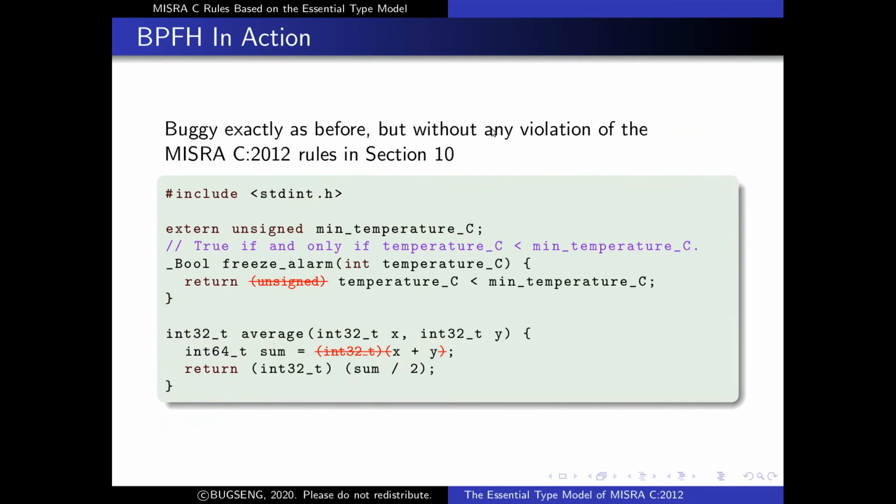So it obtains the objective of silencing all the violations of the MISRA C 2012 rules in section 10. The two programs are as buggy as before, but this time they are clean. So you see, this is very, very dangerous.